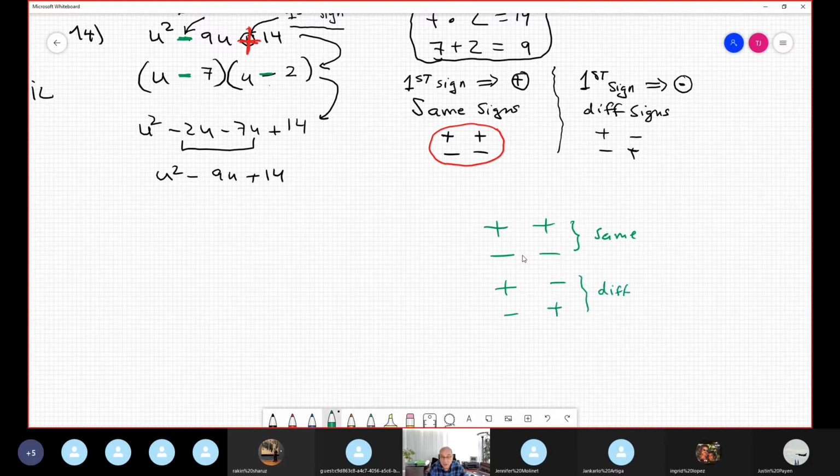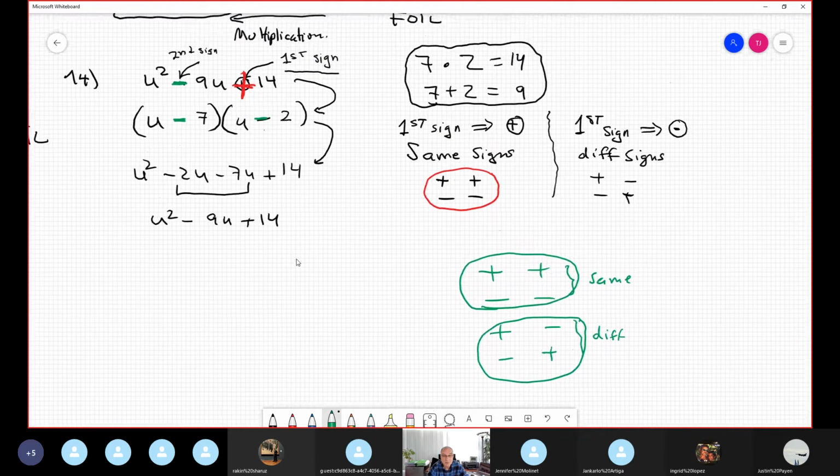The control, in what group we are living, the same or the different, is in the first sign. See, the first sign is positive, so definitely we are in the same-sign group. See, another example you will see right now with me in a few minutes. This sign is negative, so different signs. And whether it's plus or minus, let's see in another example.